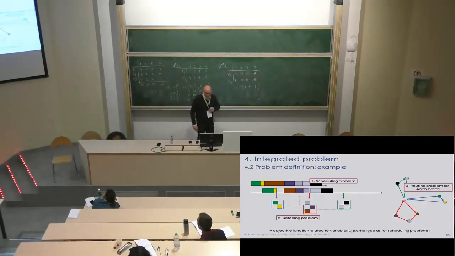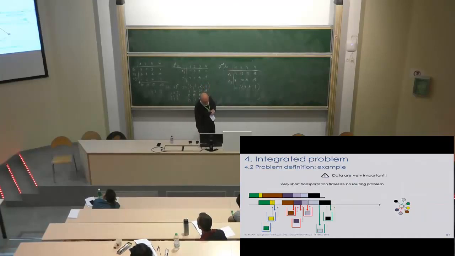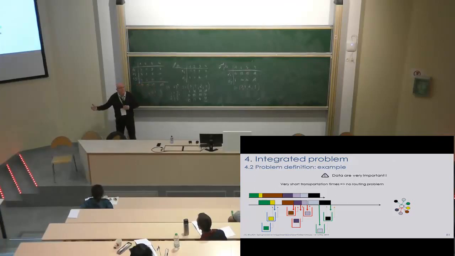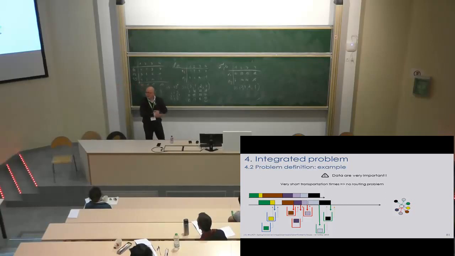Okay? So you can imagine the complexity of this problem. Of course, the data for these problems are very important. If we have very short transportation times, there is no problem. You produce, you deliver with one vehicle, the vehicle comes back, you have not finished the next production, so no problem. In fact, no vehicle routing problem. There is only a scheduling problem.